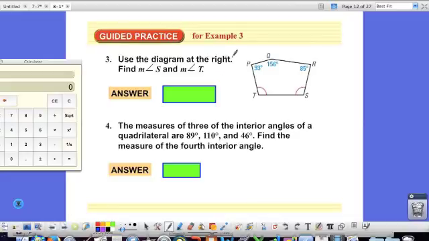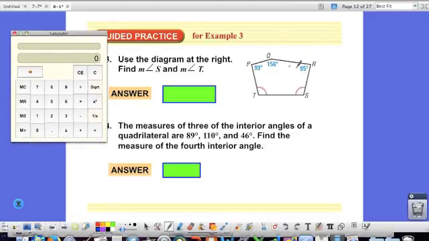So use the diagram at the right to find the measures of S and T. Well, this is a 5-sided shape. 5 minus 2 is 3. And 3 times 180 is 540.